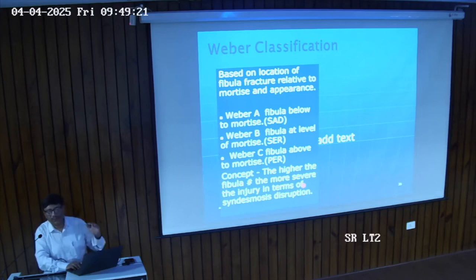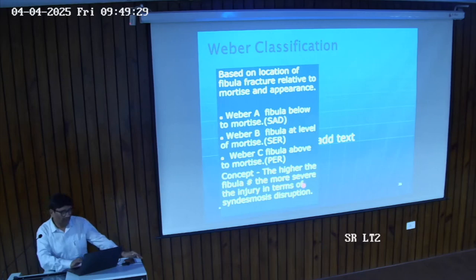So as we learned from supination adduction to pronation abduction injury, the level of the fibular fracture goes higher and higher as the severity goes on. So Weber type A is supination adduction injury. Weber type B is supination external rotation injury, where the fibula is at the level of the mortise, at the level of the ligament. And in C, that is the last, the fibula is higher up. So the concept is, the higher the fibula fracture, the more severe is the injury in terms of syndesmosis disruption.